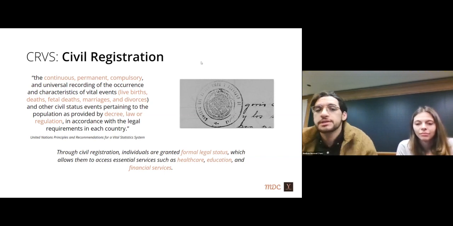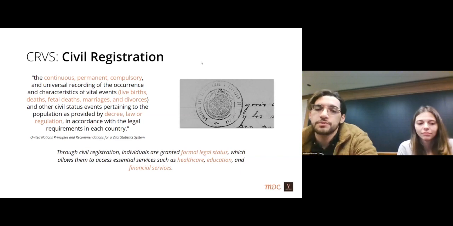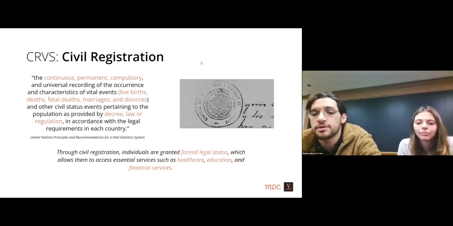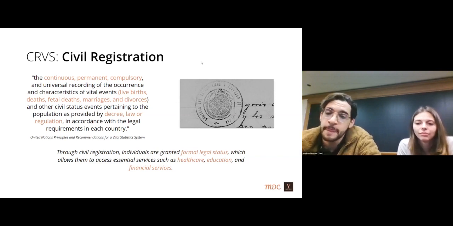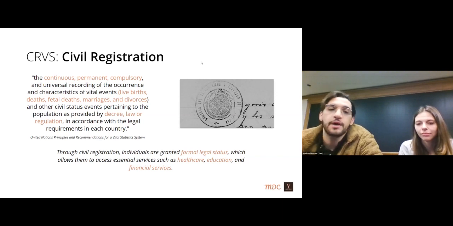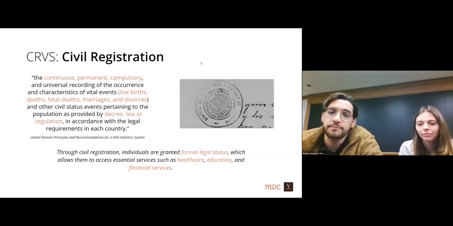Though that is our focus, it's important to realize that civil registration has far-reaching implications, especially in granting individuals formal legal status, which allows them to access services such as healthcare, education, and financial services. This is very important because, depending on the laws of certain countries, one may not have access to certain care without legal status, for example without documentation such as birth certificates.